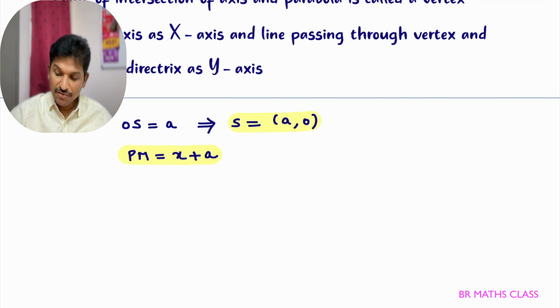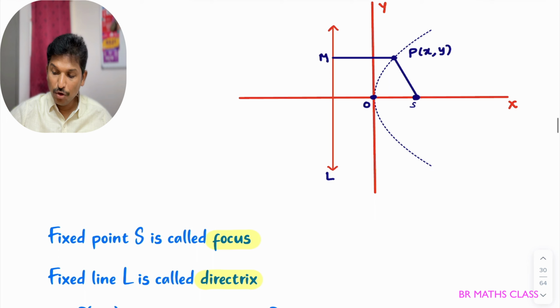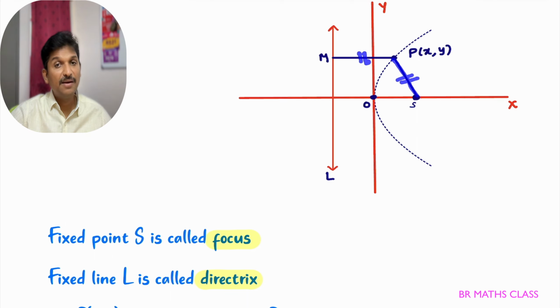Now, as per the definition, if we take any point on the parabola, it is equidistant from the fixed point and the fixed line. That means this distance is the same as this distance, SP equal to PM. As per the definition, the set of all points in a plane which are equidistant from a fixed point and a fixed line. What is this S? S is (a, 0).